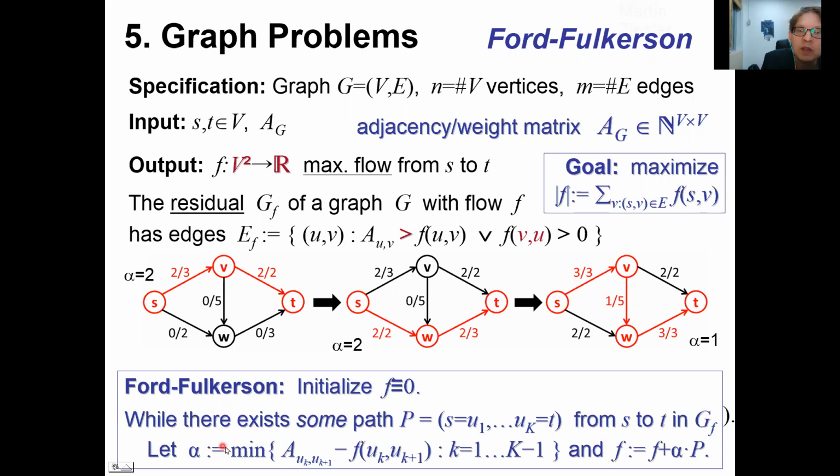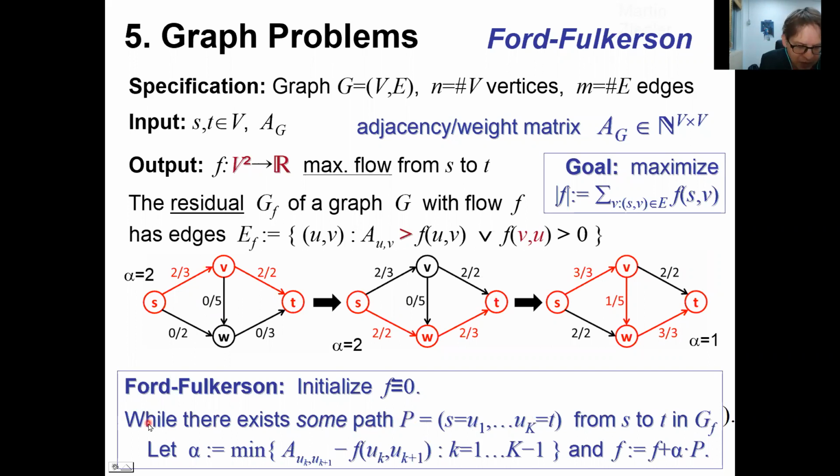So the huge question is, how often is this loop executed, right? Each execution costs O of m for an invocation of Dijkstra's algorithm, which is implicit here, right? This is not pseudocode anymore. This is a more high-level description of Ford-Fulkerson. And so the question is really how often this outer loop gets executed.